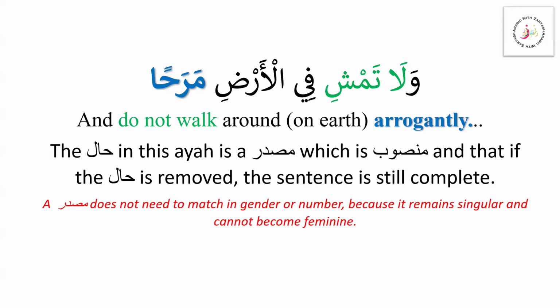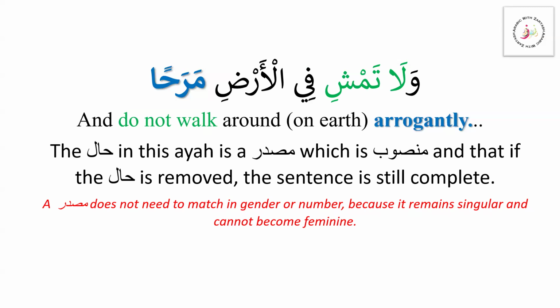Alhamdulillahi Rabbil Alameen. So we learned about hal, which brings action to life and shows the condition in which the action takes place. Without the hal, the sentence is still complete, but with the hal, the sentence becomes clearer and more vivid. Also, it gives extra detail and not just the main meaning.